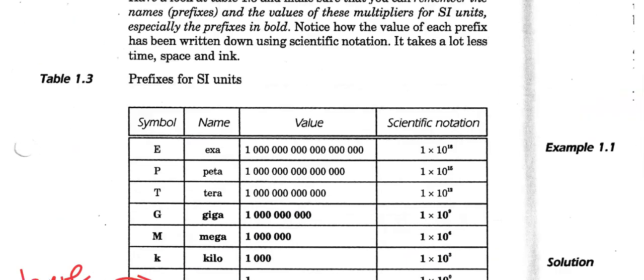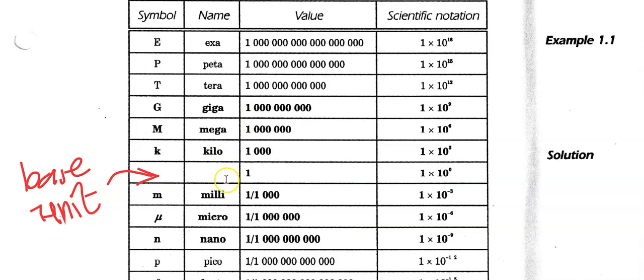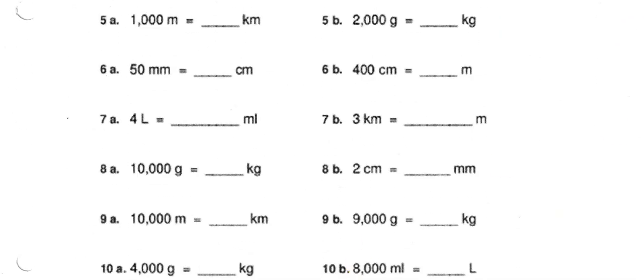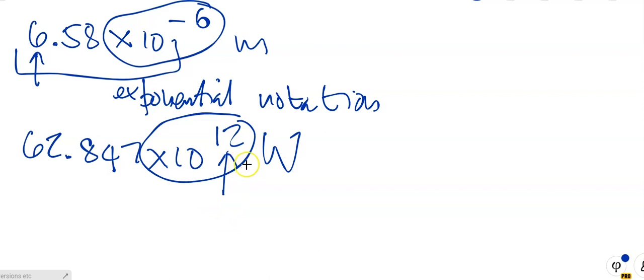That is why we have it like this, because they have names for it. So if it's 3, 6, 9, 12, or minus 6, minus 12, etc., then this here is what we call engineering notation.